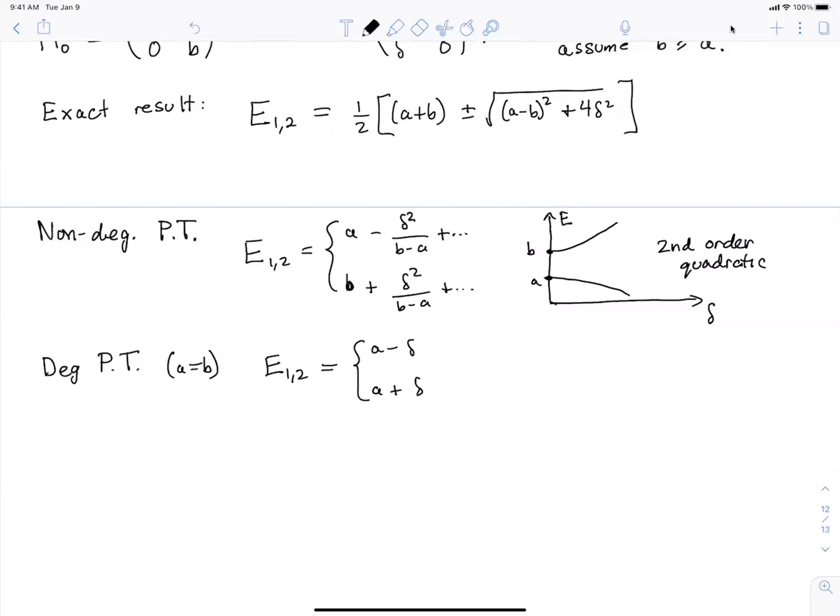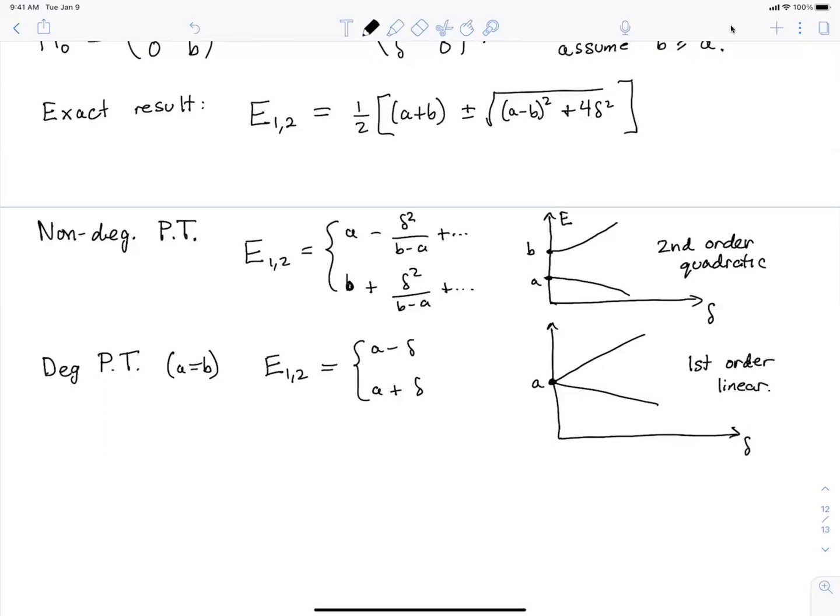So once again, the two energies are getting repelled from each other. They sort of had to be because they started out equal, right? They both start out at A, and one of them just grows linearly and the other one just shrinks linearly. What else are they going to do when you perturb them? They're going to move apart, right? So this is first order, and notice it goes linear in the perturbation.